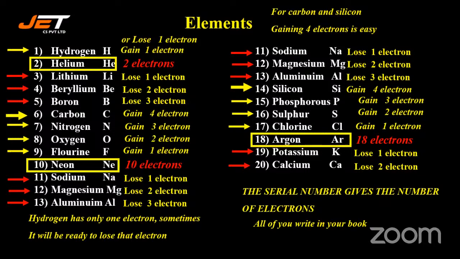which is similar to helium. This is quite rare because the incoming electron will have to overcome the force of repulsion. Why? Because one electron is already present and another electron is coming.